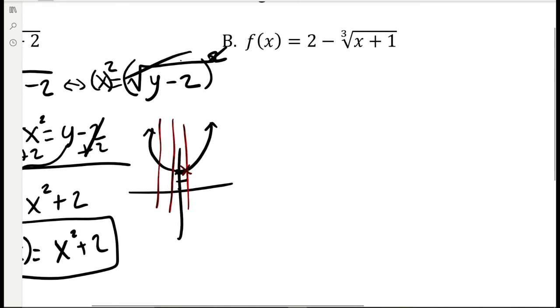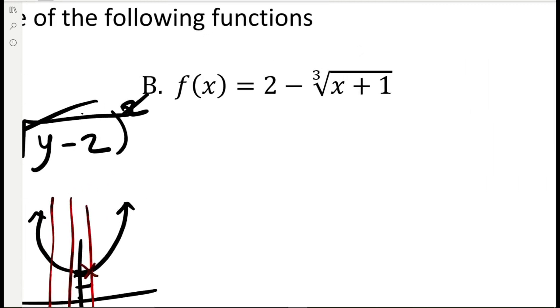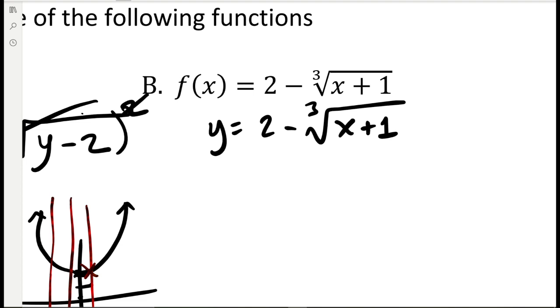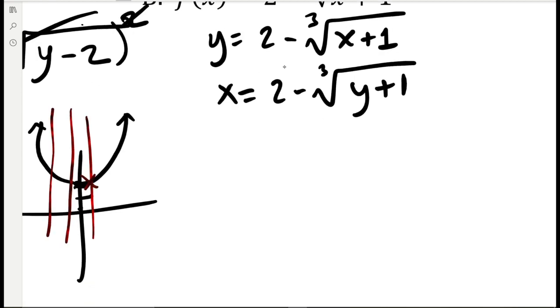All right, so let's look at part B. Again, this is the same thing as y, and then swap x and y. Then we're going to use the idea from the next unit: remember to isolate the radical first. So I'm going to subtract the 2 on both sides.